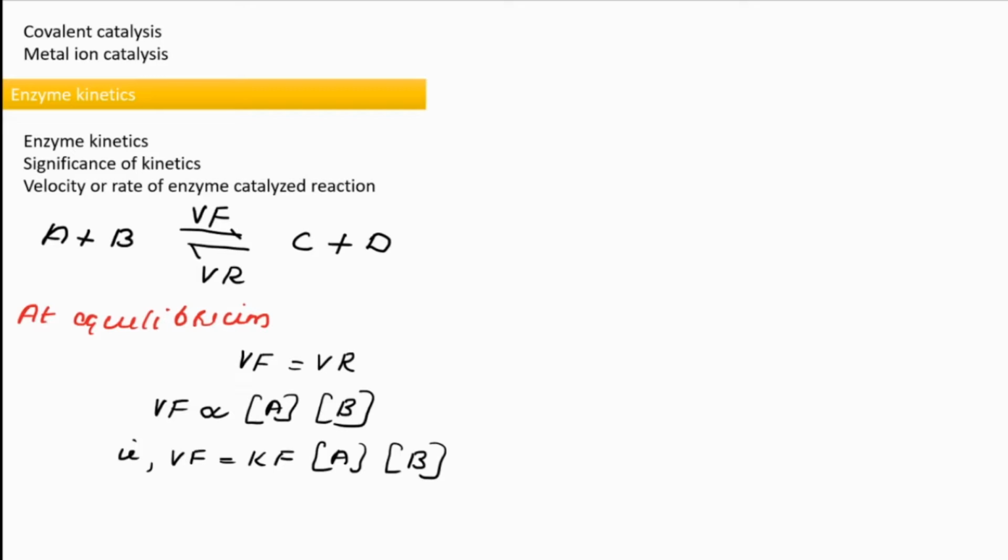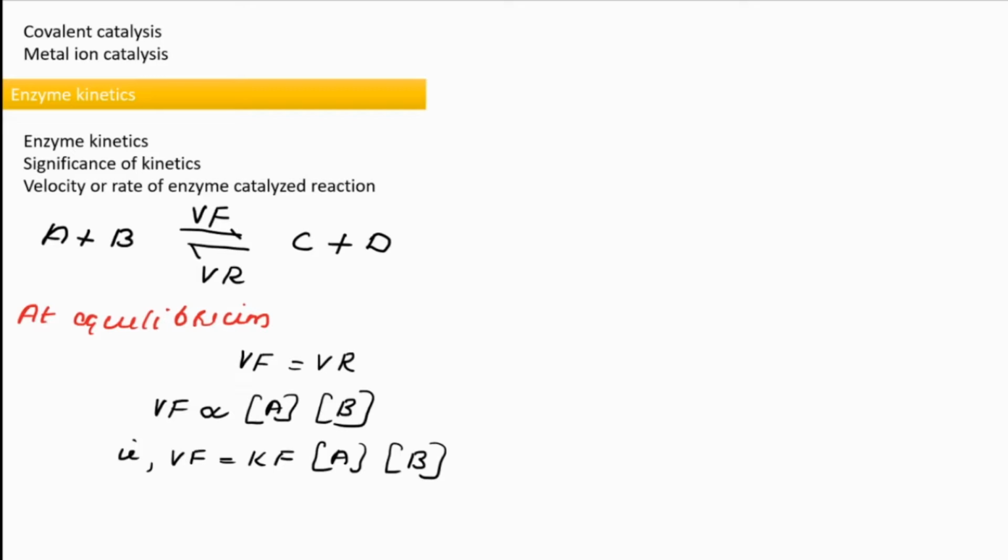And the study relating to all these parameters is called enzyme kinetics. Then what is enzyme kinetics? It is that branch of science. It's a study of what? Study of response of enzyme. Response of enzyme towards what?